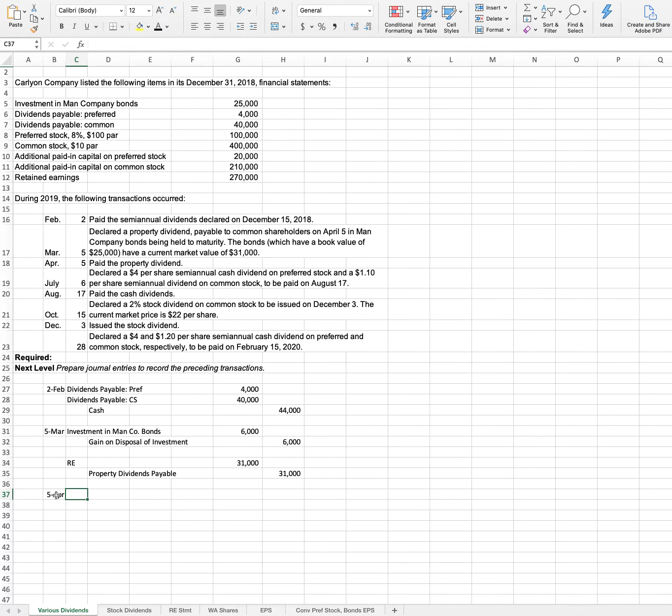And so now on April 5th, we actually are paying it, and so we're going to debit this property dividends payable, and we'll be crediting the investment in the bonds for that same $31,000.